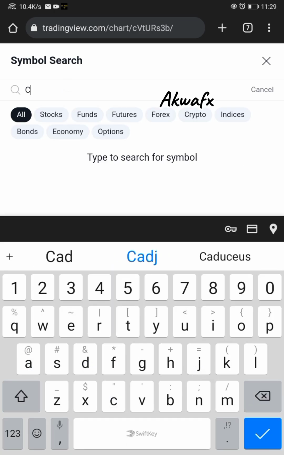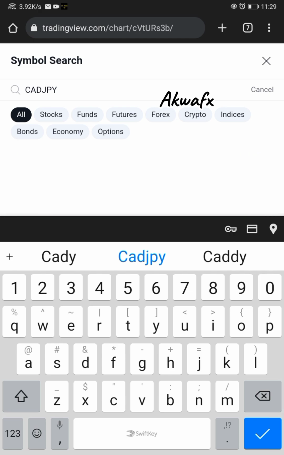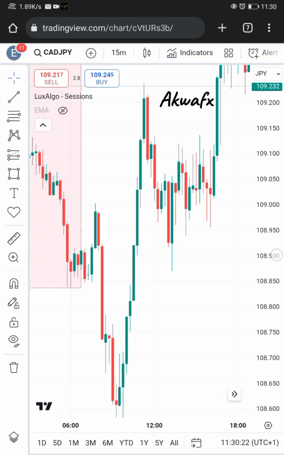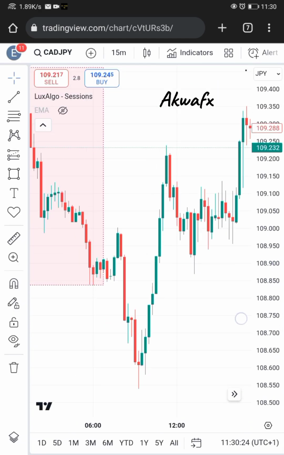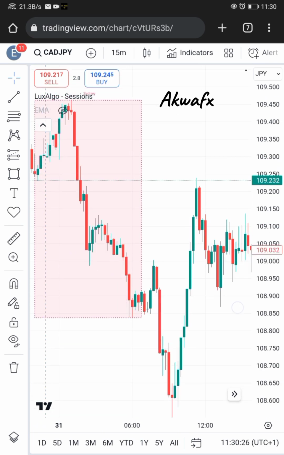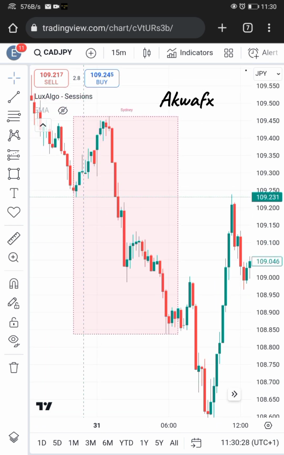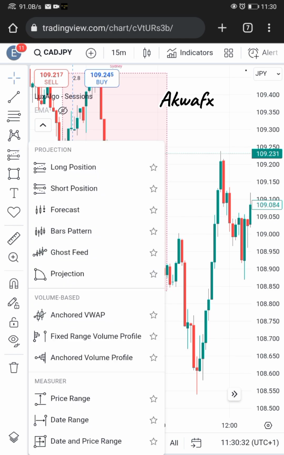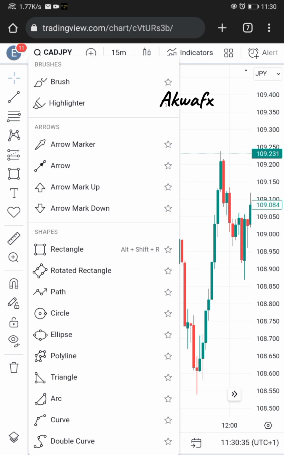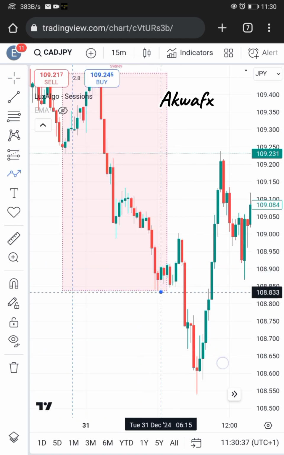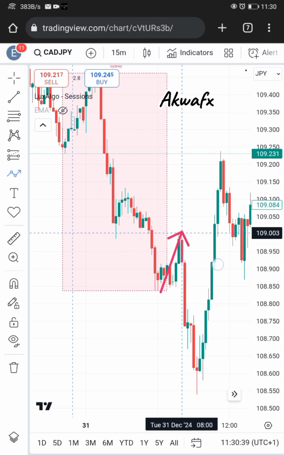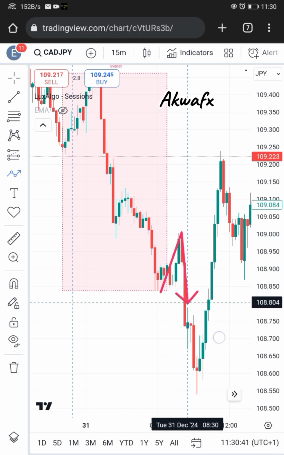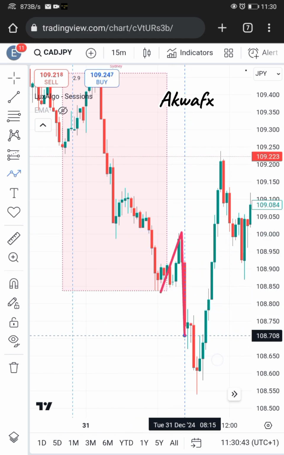CAD JPY. So right here I'm on my CAD JPY pair, 15 minutes. You can see this was our Asia. Once our Asia had broken to the downside, grabbing liquidity to the downside, which we've seen here, the market opened, it grabbed liquidity to the downside, which happened right there.